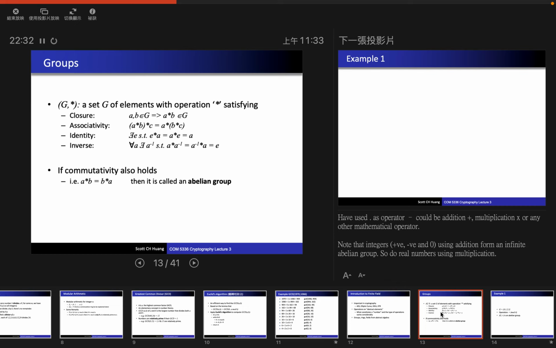Sometimes we write it this way, without parentheses. If you write it this way, you implicitly assume that associativity holds. Otherwise, this expression would be ambiguous. If they're not the same, then what do you mean by A times B times C?